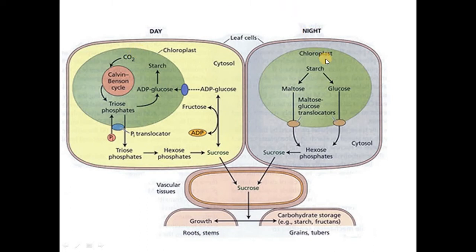During the night, the starch that has been accumulated is going to be broken down into either glucose or maltose, and we need those two types because we only have glucose and maltose exporters.